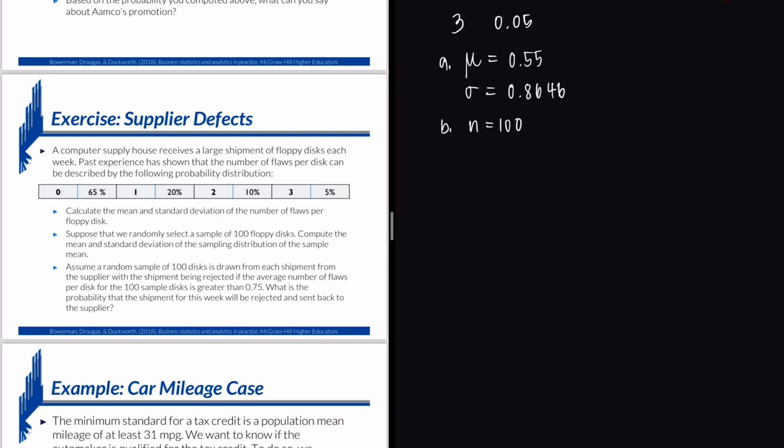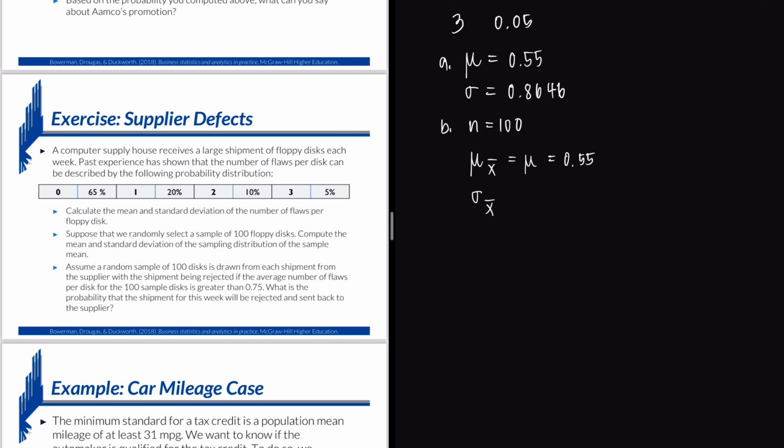Or in other words, look for mu sub x bar and sigma sub x bar. So again, we know that mu sub x bar, or the mean of all possible sample means, is always equal to the population mean. And since we know that the population mean is 0.55, then this must be the mean of the sampling distribution as well.